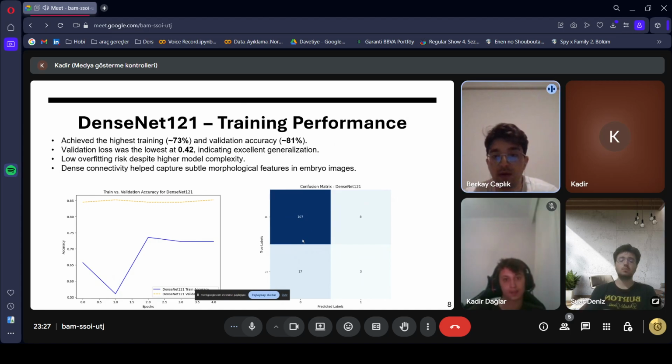DenseNet 121 outperformed the other two models in nearly every aspect. It reached a training accuracy of 73% and a validation accuracy of 81%, the highest among all the candidates. Moreover, its validation loss was the lowest at 0.42, and there were no signs of overfitting throughout the training process.